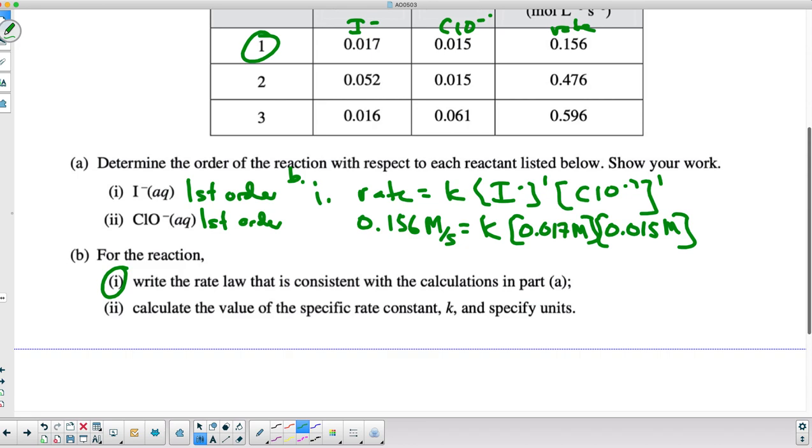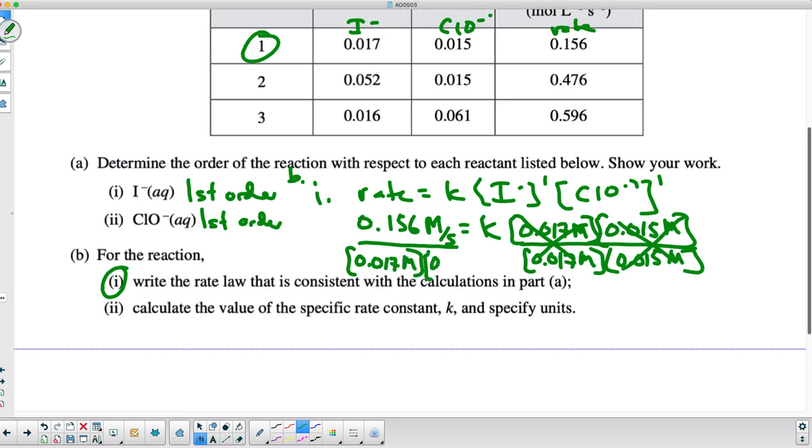Now if I'm going to solve for k, I'm going to need to divide both sides by this, so that these cancel, and what I'm left with over here is 0.017 molarity and 0.015 molarity. Now when I go through this, I'm going to cross off 1 and 1.